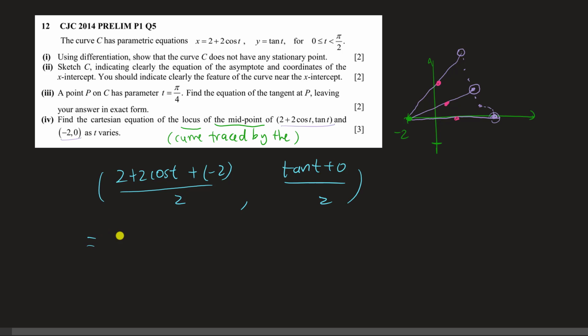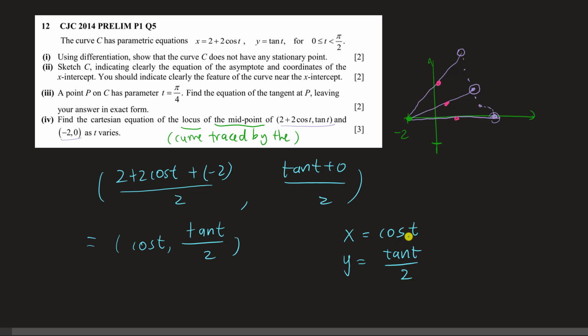This should give you 2 minus 2, 0, 2 cos t over 2 just gives you cos t, and tangent t over 2. Your job now is just to convert this into Cartesian as t varies. So your x coordinate would be cosine t, and your y coordinate would be tangent t over 2.